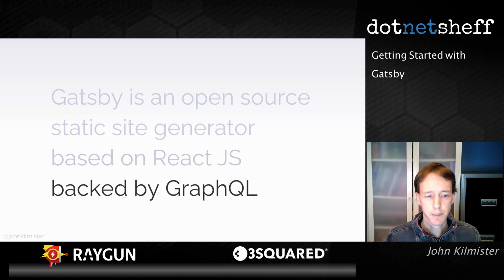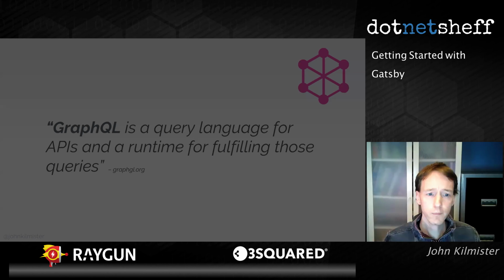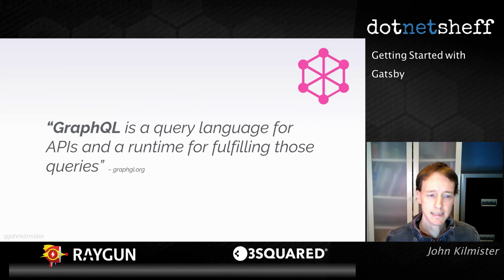The next thing is that Gatsby is backed by GraphQL, and this makes it super powerful. If you're not familiar with GraphQL, it's a query language that sits on top of your data source. So these pages that we build up in the build process need to get data from somewhere: backend databases, third-party APIs, and various other places.